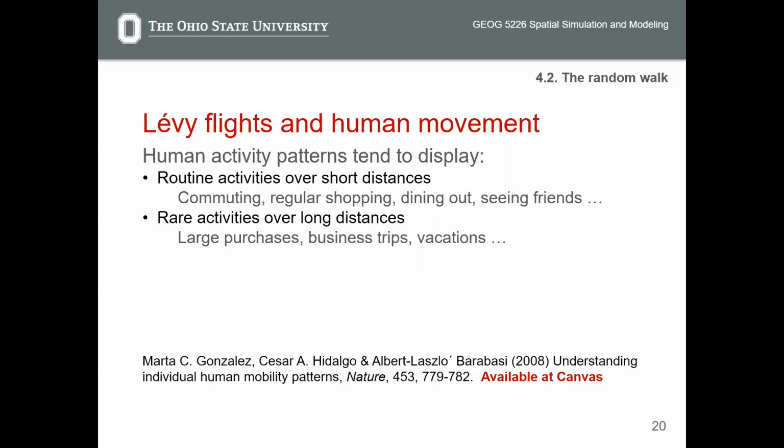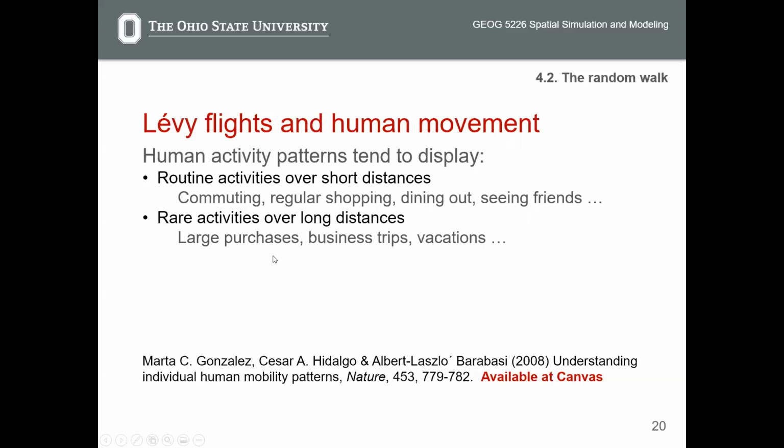We have routine activities over short distances: commuting, regular shopping, dining out, going to work, say in France. These behaviors all happen within maybe 10 or even 20 miles of your home, and they are very frequent. They happen every day. But we also have rare activities over long distances, say every year or every several months.